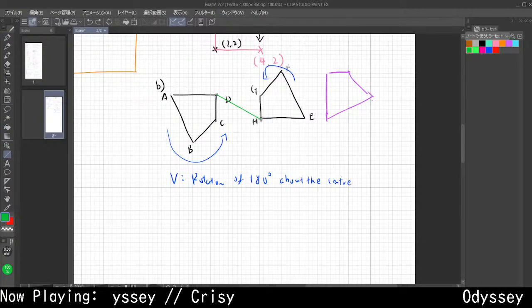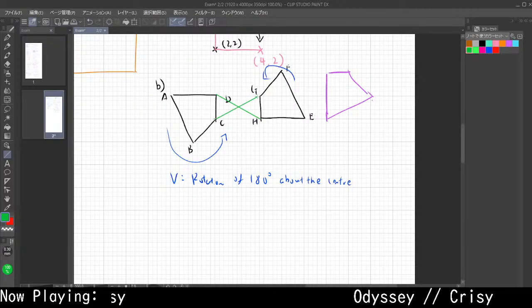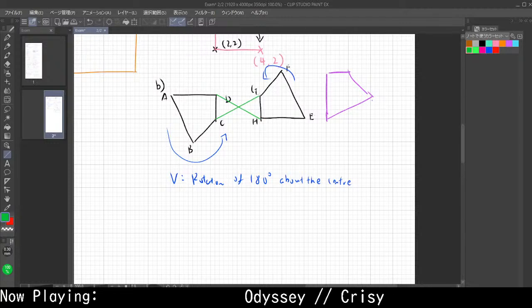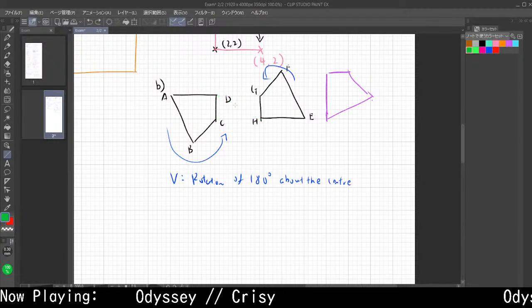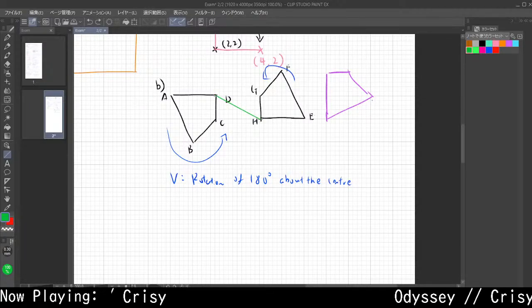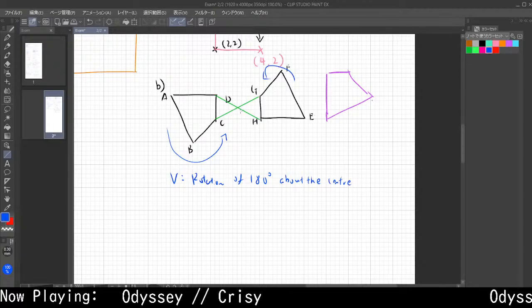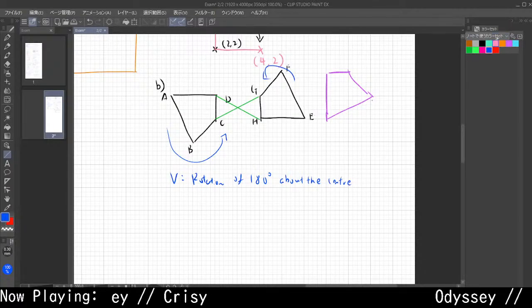In the case of 180 degrees like this, you will most likely get the crisscross no matter what, and therefore your center would be lying on the intersection of these 2 lines.